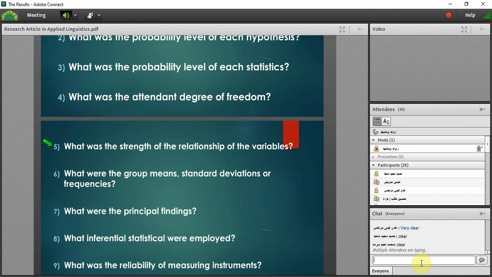You should be telling the readers about the relationship between the variables, my dear students. What kind of text? But text means you need a few lines to tell the readers about the relationship between the variables. If the relationship is significant, if the relationship is positive, if the relationship is negative. By text, I mean a few lines. Is that okay?